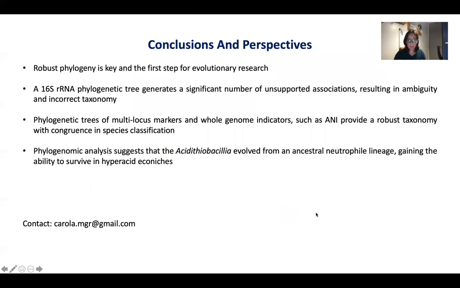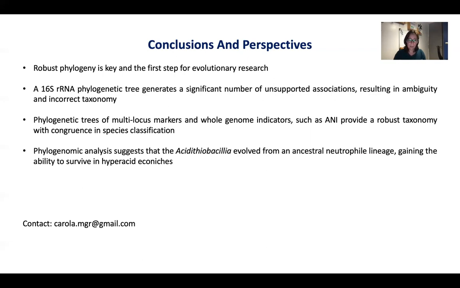So as conclusion and perspective, a robust phylogenetic tree is key and is the first step required for evolutionary research. A 16S ribosomal phylogenetic tree generates a significant number of unsupported associations and leads to incorrect taxonomy and conclusions. Phylogenetic trees of multi-locus markers and whole genome analysis, such as average nucleotide identity, allow us to construct a robust phylogenetic tree and obtain correct conclusions.